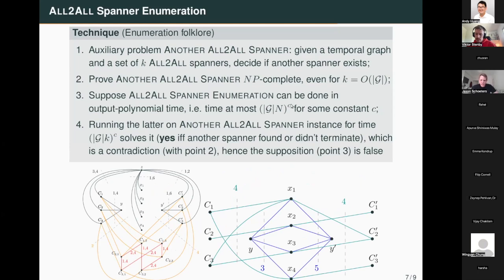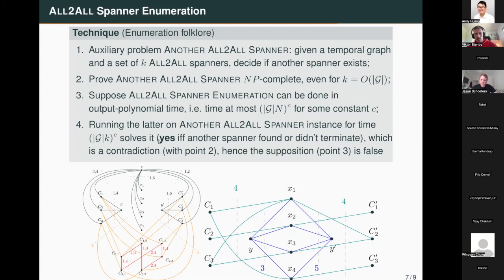And then you take this running time, this fine-grained running time, and you apply it to this auxiliary problem for some specified time, in which you replace the big N, which was the number of solutions, the size of the output, if you will. You replace it with K, because K is the number of dummy spanners.